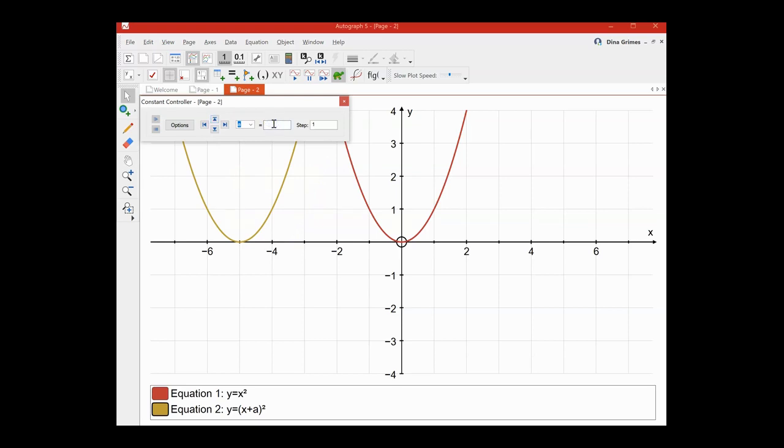Now let's put it back to 0, and now we have a minus 1. So if we subtract a value inside the bracket, it moves to the right. So minus 2, it goes 2 units to the right, minus 3, 3 units to the right, and so on and so forth.